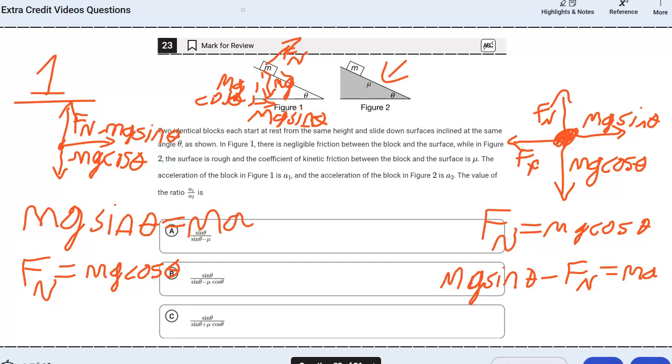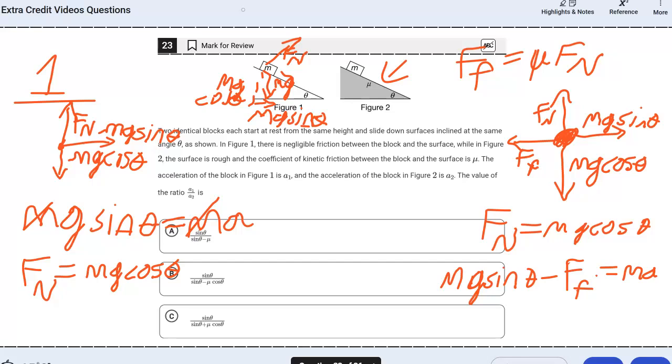And frictional force, as we know from our physics facts, is mu Fn.